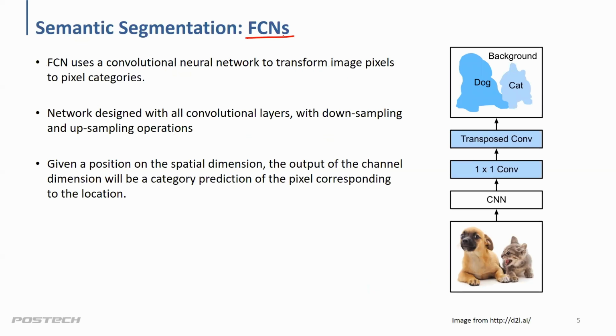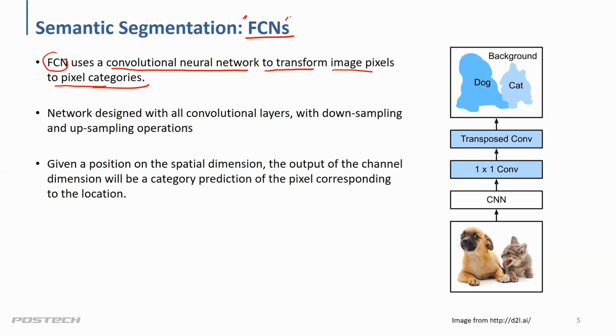So the FCN, a fully convolutional neural net, is used for semantic segmentation. I didn't explain what it is yet, but it's a convolutional neural net that transforms image pixels to pixel categories.